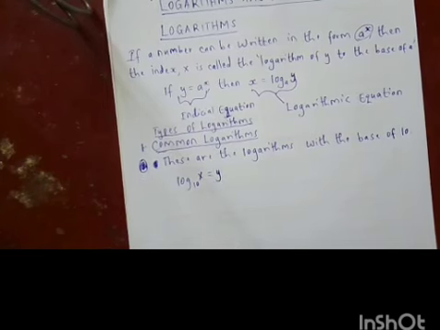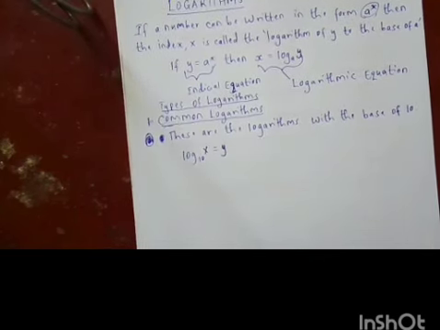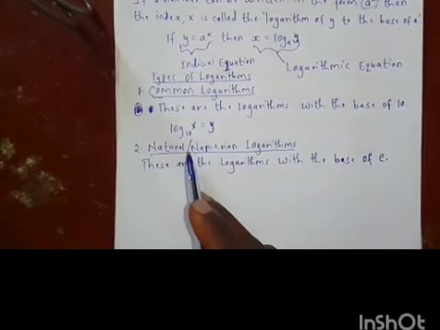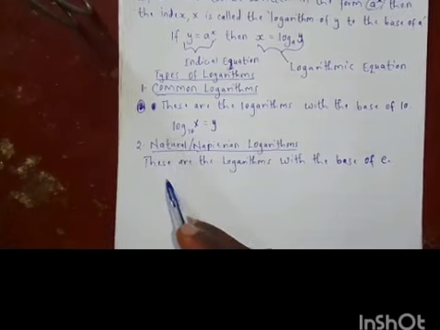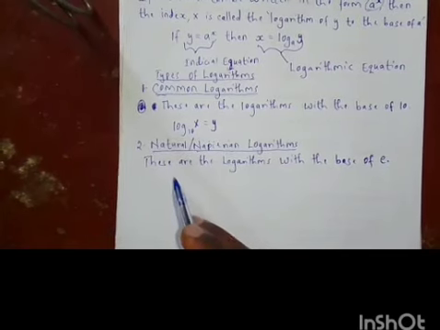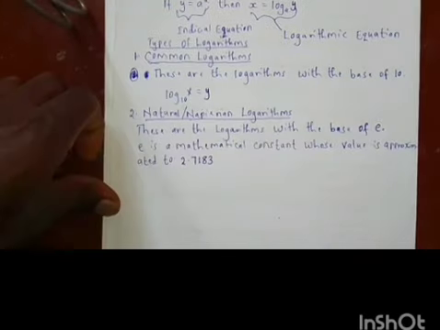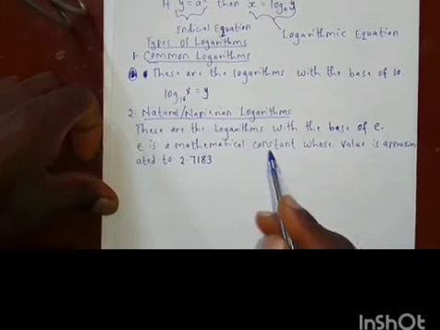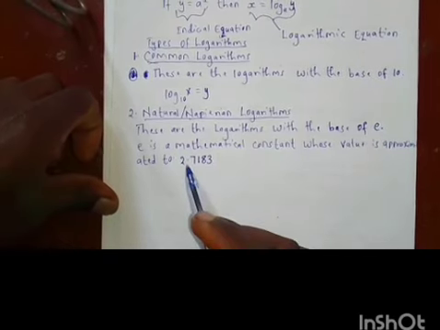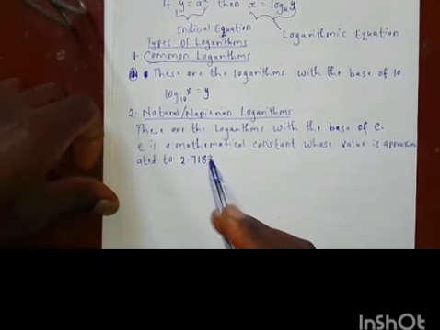The second type of logarithms are the natural or the Napierian logarithms. These are the logarithms with the base of e, and e is a mathematical constant whose value is approximated to 2.7183.